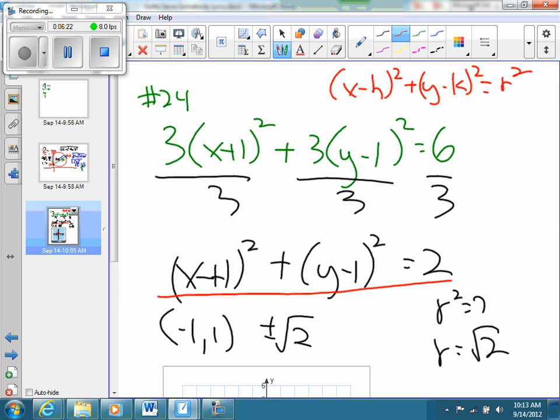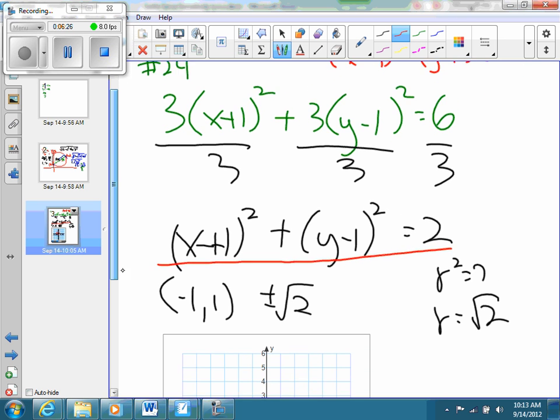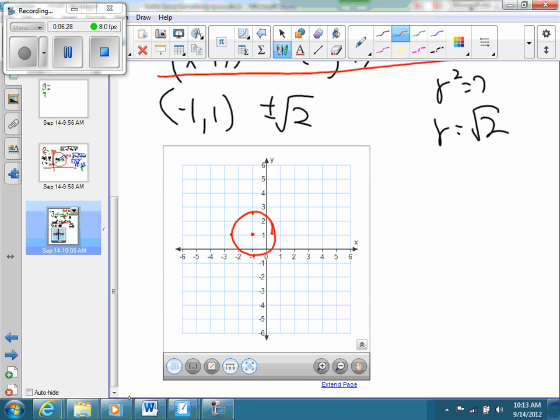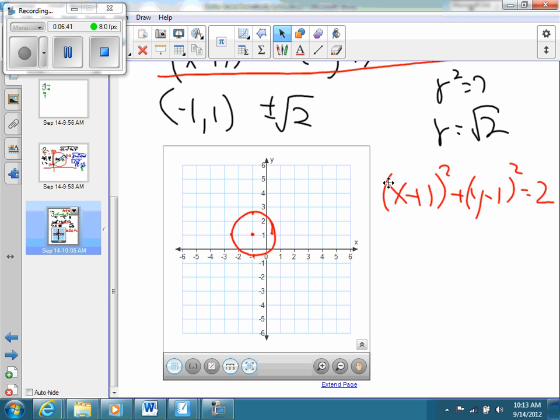So it's (x plus 1) squared plus (y minus 1) squared equals 2. I want to find my x-intercept. What do I need to do?